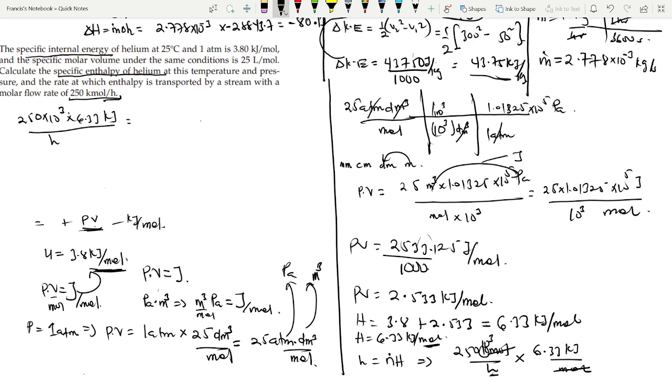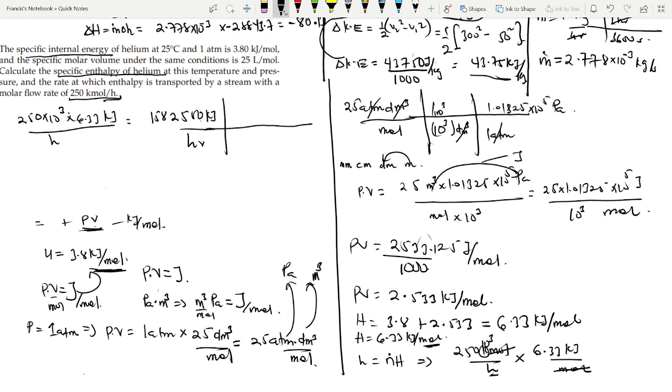So 250 times 10 to the power 3 multiplying 6.33, right? So we get a very huge number, which is 1582500 kilojoules per hour.